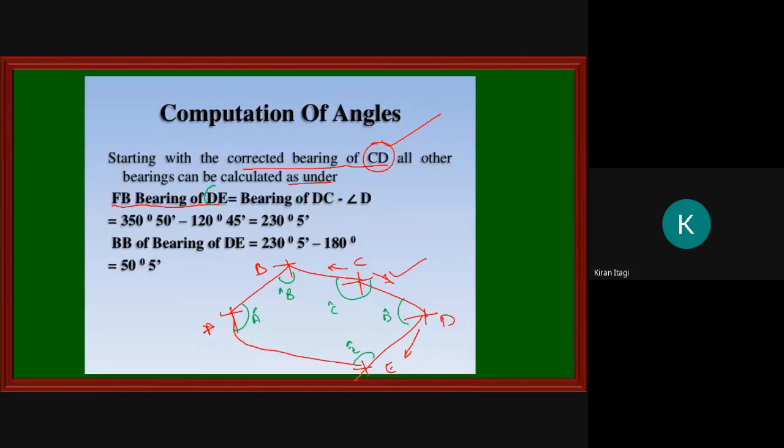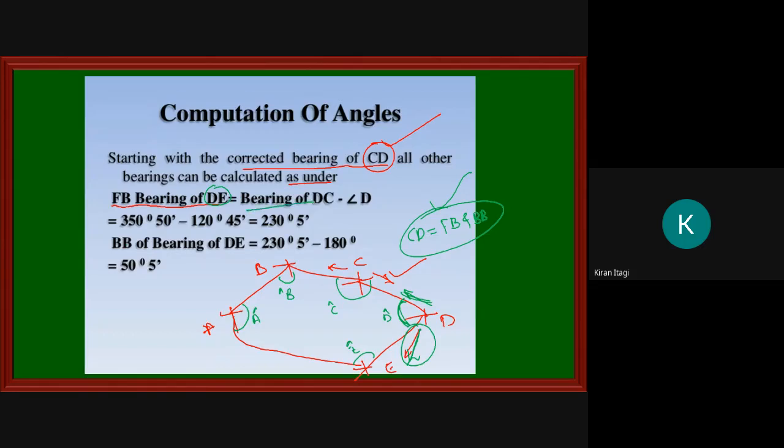Forward bearing of line DE is equal to the back bearing of line CD, because CD is correct. Fore bearing and back bearing of CD are correct, as he says. Therefore, we know the back bearing and we know the angle, so with these two we will calculate the unknown, that is the forward bearing.